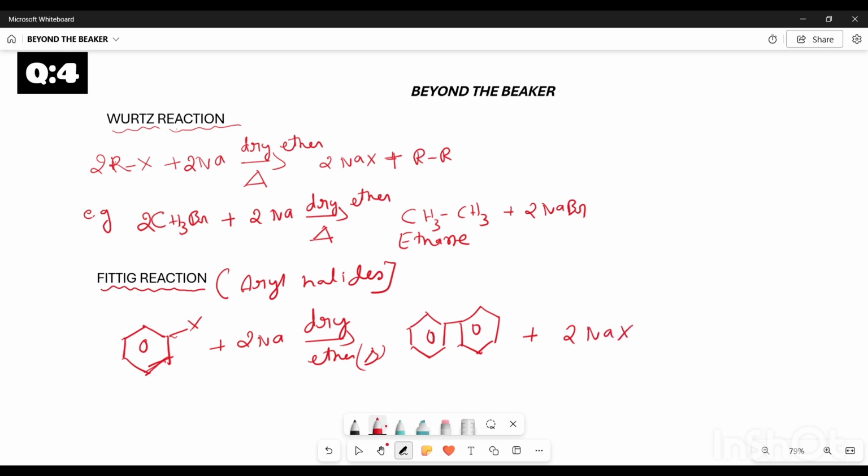So for doing Fittig reaction, I want aryl halides. Two molecules of aryl halide react with metallic sodium in dry ether to give biphenyl or diphenyl. This reaction is called Fittig reaction.